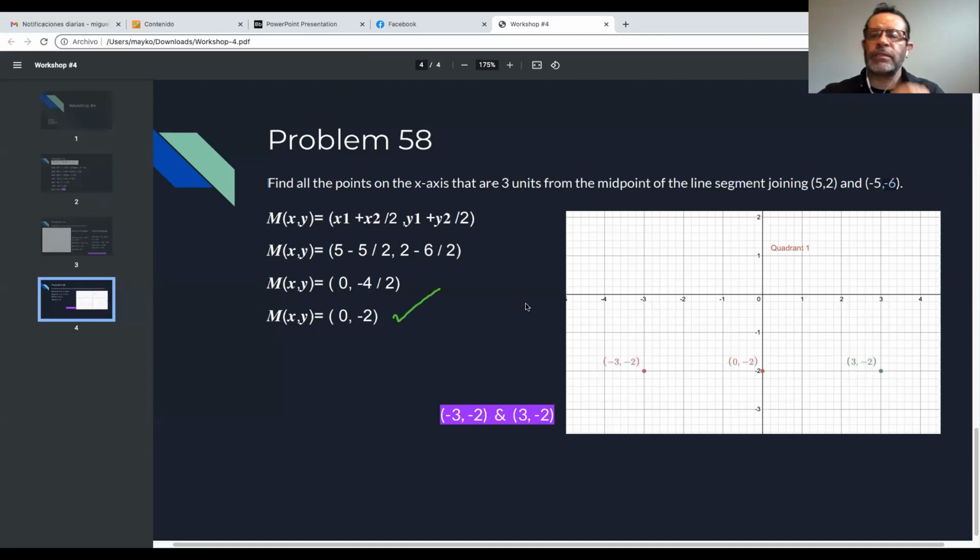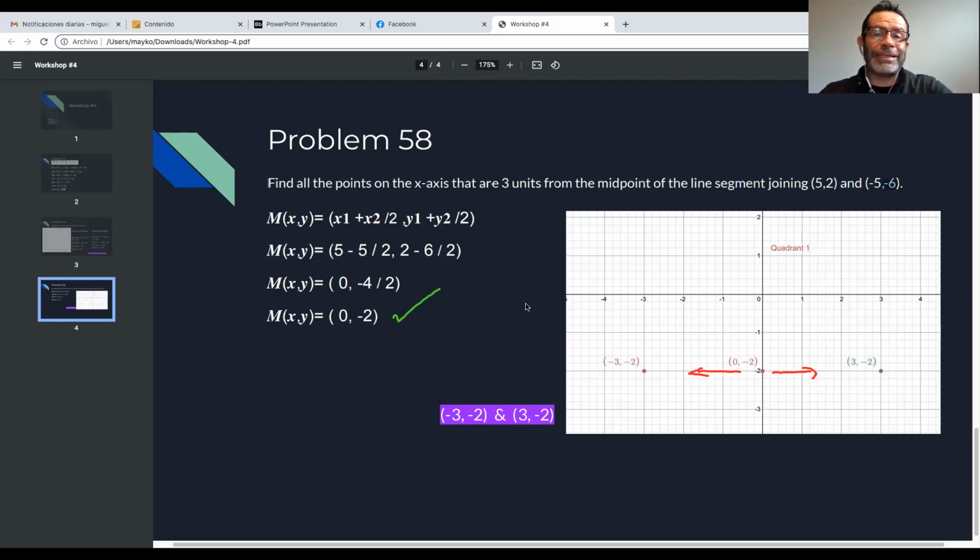So this is correct. This is the midpoint. Now, what you said after that is it's 3 units from the midpoint. The midpoint is 0, 2. It's 3 units to this side and 3 units to this side, right?